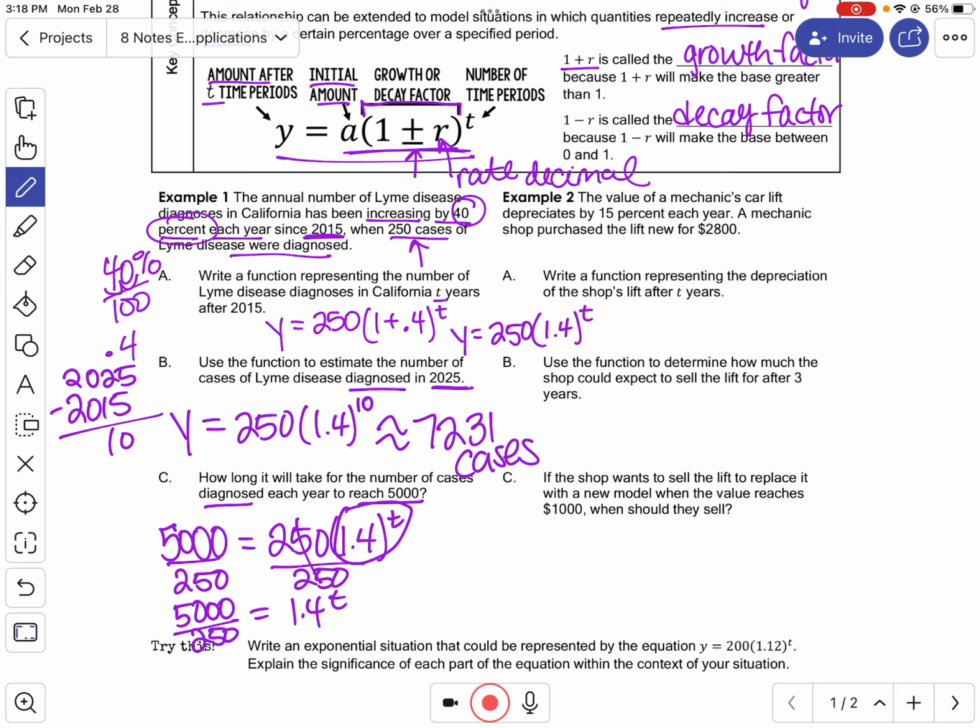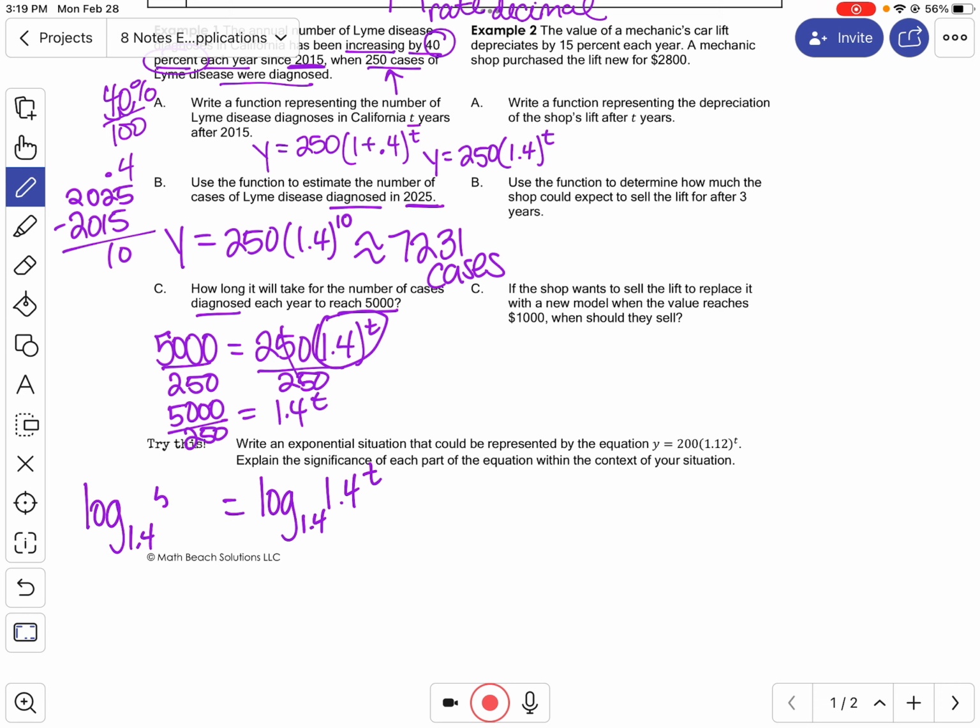So I'm going to do the log base 1.4 of 5,000 over 250. The reason I'm doing this is because, remember, inverse properties tell me since this base equals this base on the exponential, I get rid of those and I just get t on the right side.